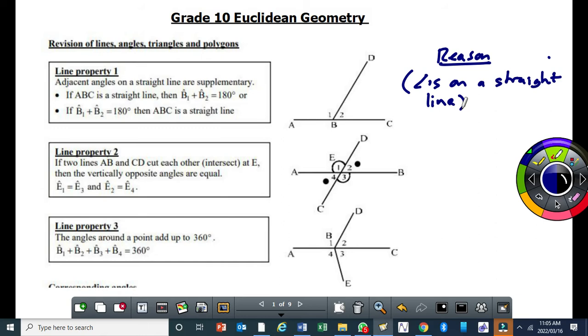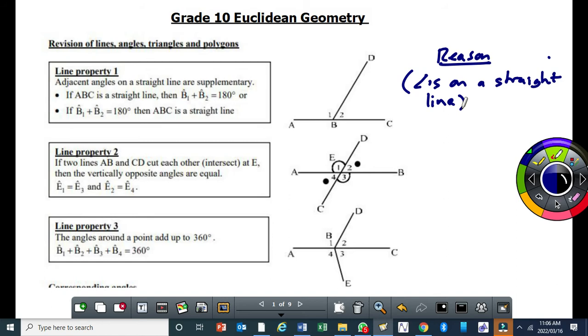Then the second linear property is that when you draw two line segments such that they intersect at a common point, you end up creating what are called vertically opposite angles. So here, all vertically opposite angles are equal. E1 is equal to E3, E2 is equal to E4, and we call them vertically opposite angles.